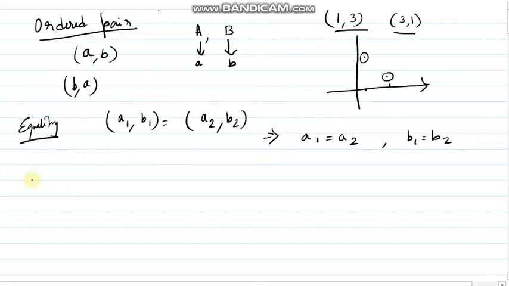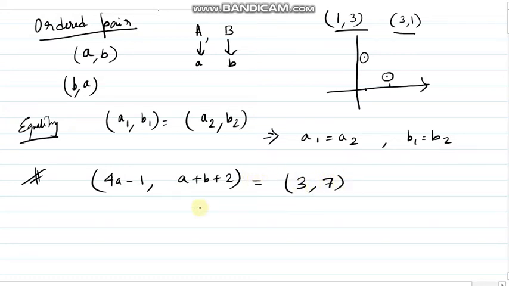Now one example. Suppose two ordered pairs are given equal. One ordered pair is (4a minus 1, a plus b plus 2), and this is equal to (3, 7).